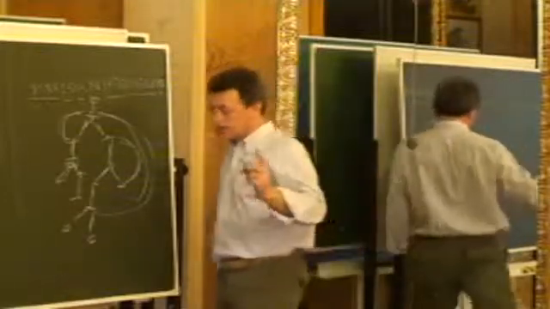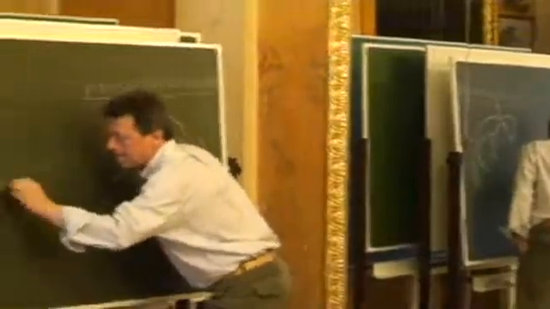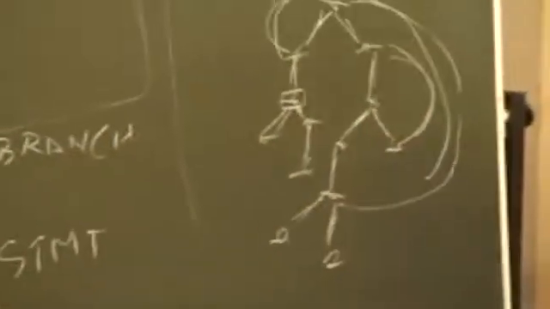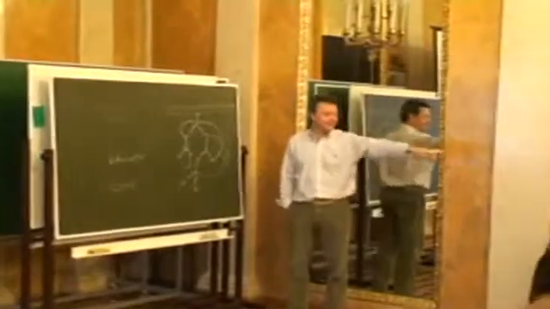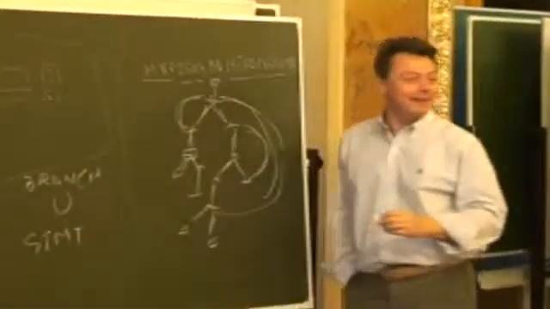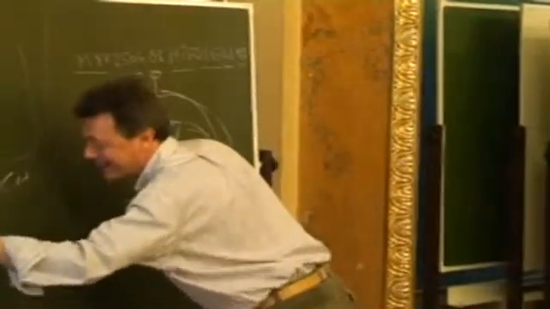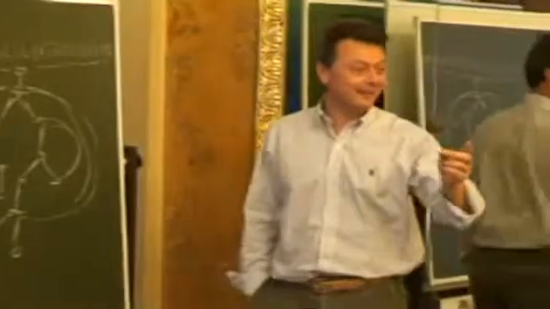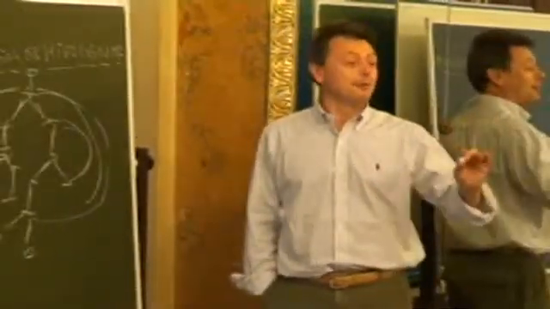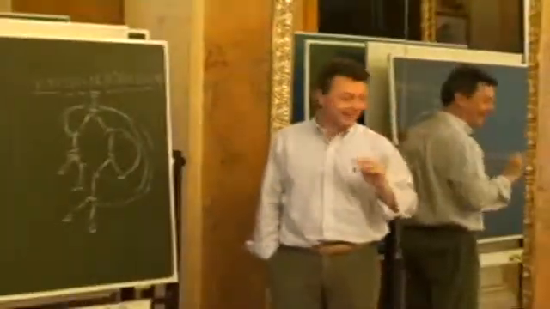So we have branch and statement, right? And there are two different schools here. One is the left school, which says branch is better than statement. Another one, on the right, says they are not comparable. Correct? Now let's see who's right.